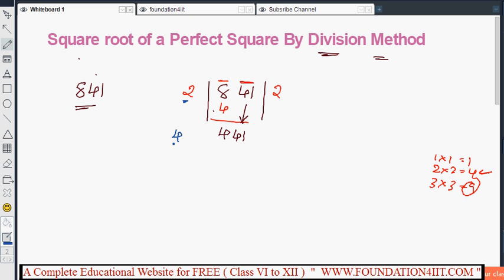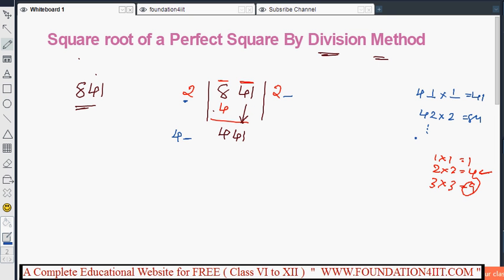Now this 4 is in the tens place. Now we need to check for the units place. The same number should come here and here. The number is 441. Now 4 is in the tens place, and next to it we need to check one more number. 41 ones are 41, 42 twos are 84.